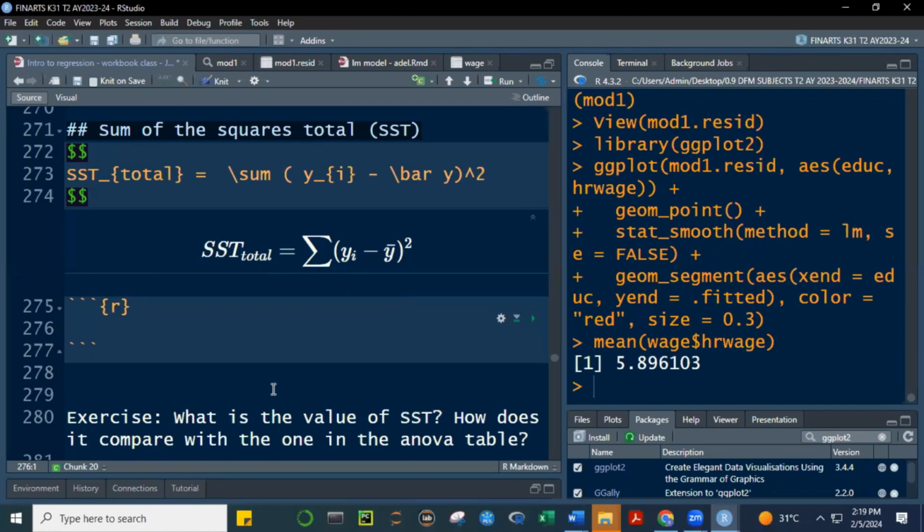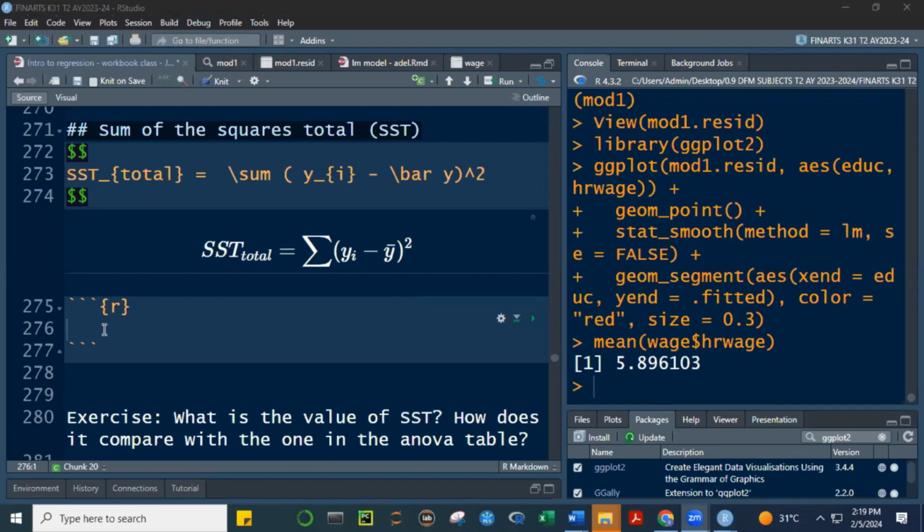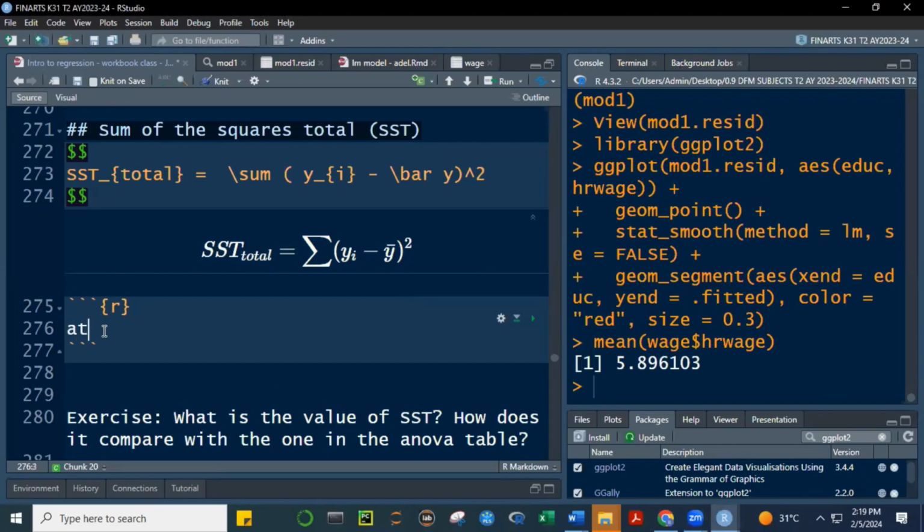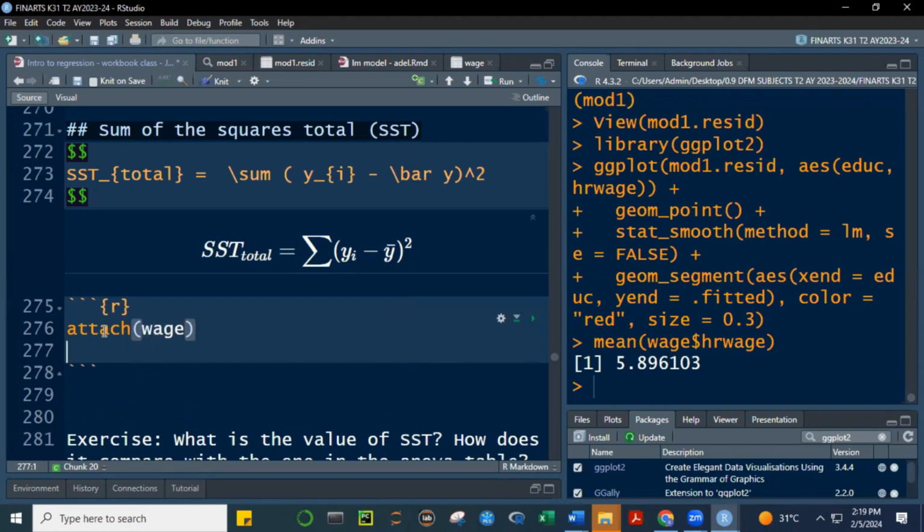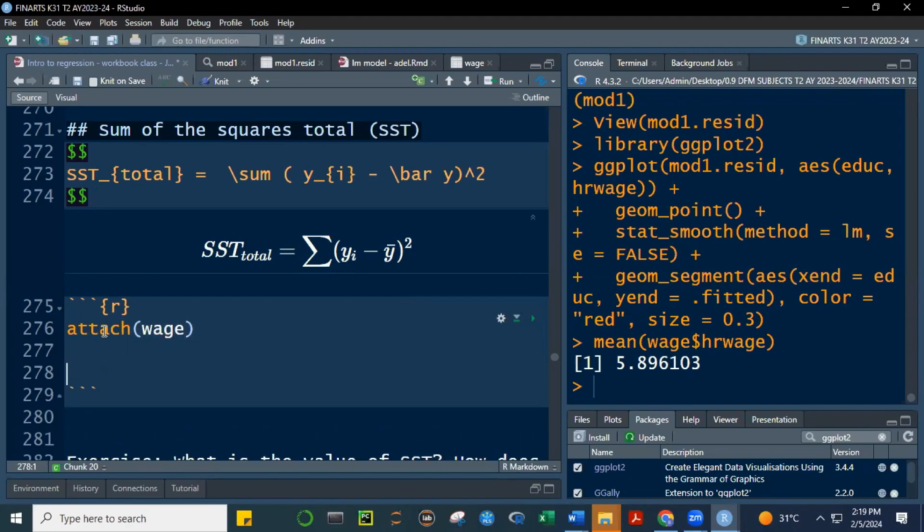Yan yung actual values, okay? Which is wage yan. I-attach natin si wage, class, para hindi natin uulitin. So that's your y sub I natin, hourly wage, right?